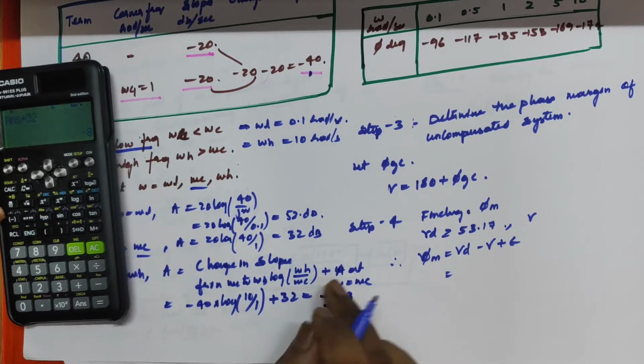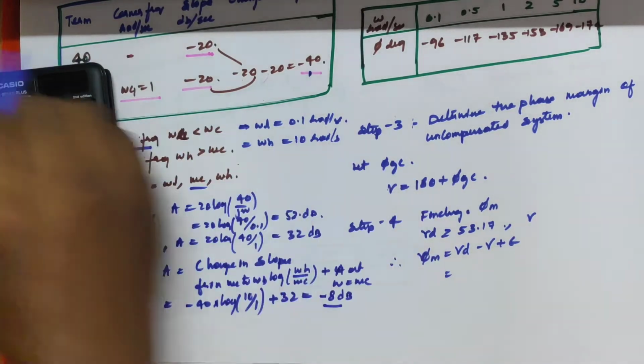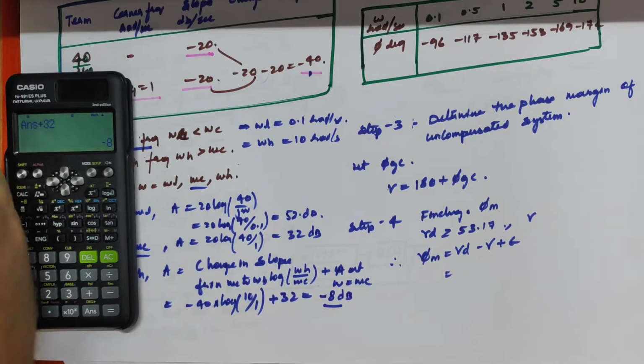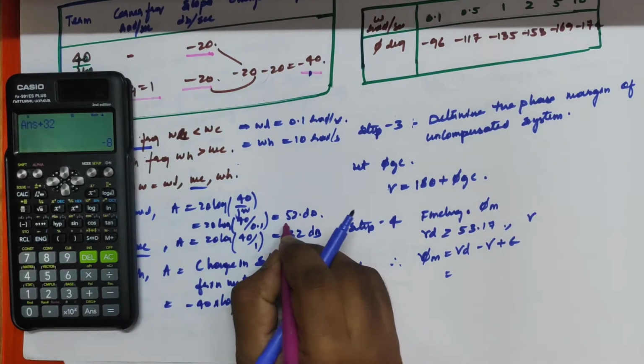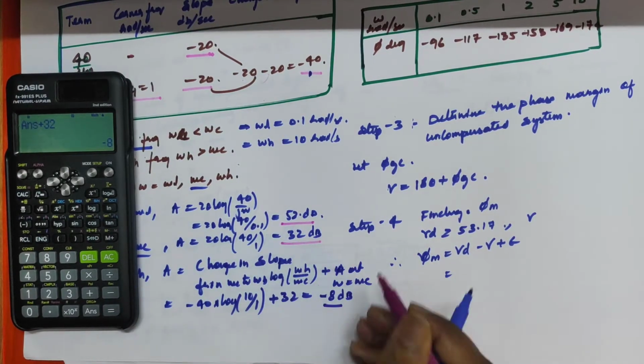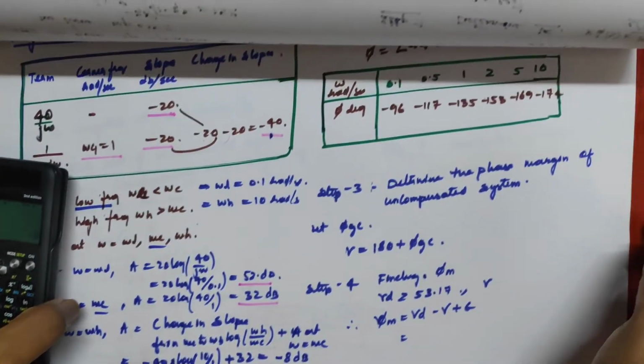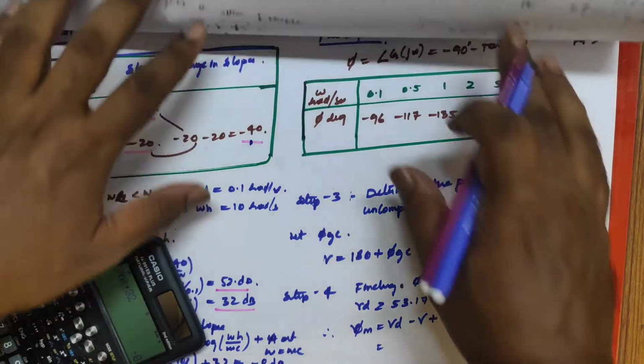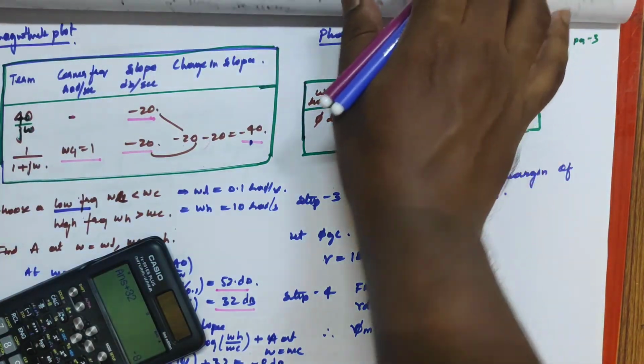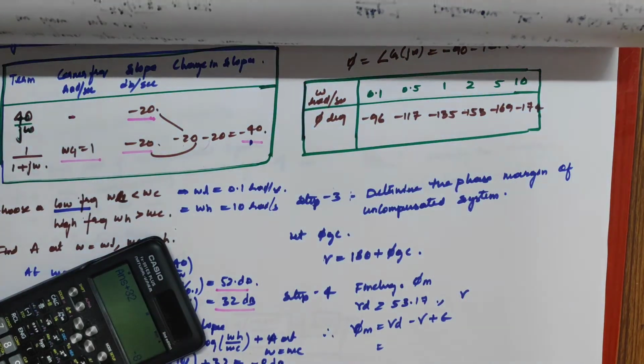So I got magnitude values for different frequencies, that is 52 dB, 32 dB and minus 8 dB. Now we'll plot this magnitude value with the help of a Bode plot.